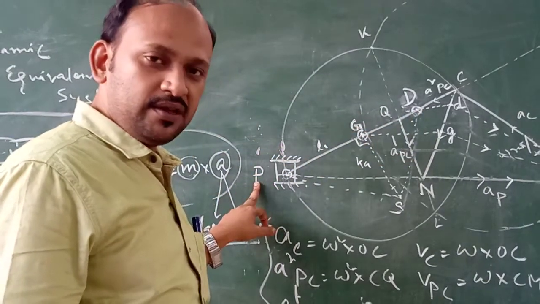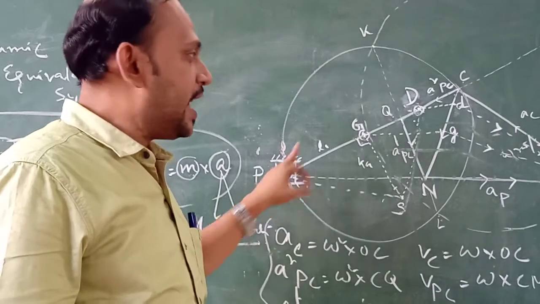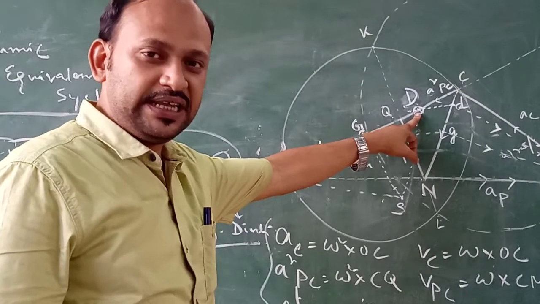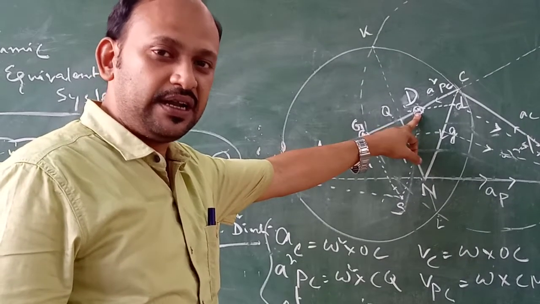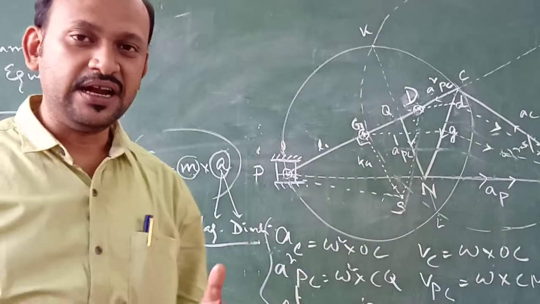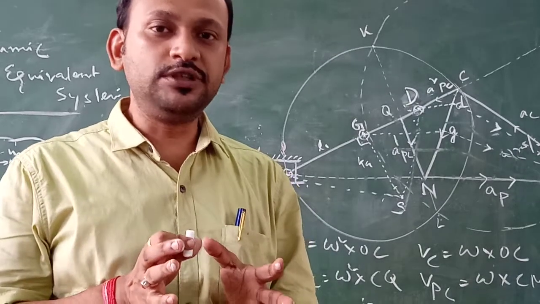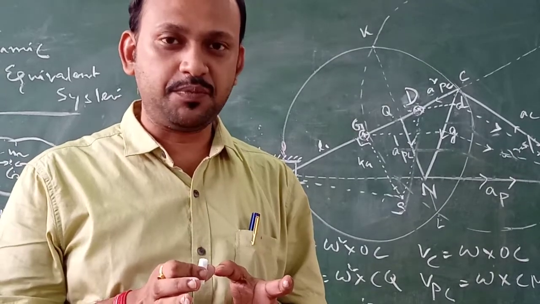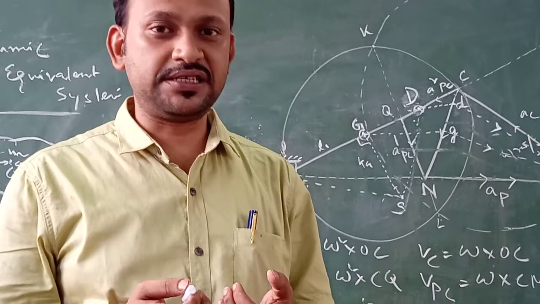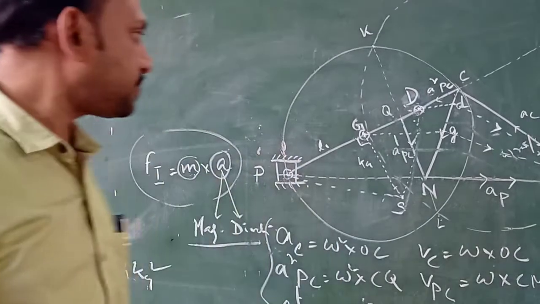One is P, which has independent translational motion, and another is capital D at position capital D, which has independent rotational motion. Now let us see how, with the help of these two independent masses having specific independent properties, we can find out the actual direction of acceleration or inertia force of the connecting rod.